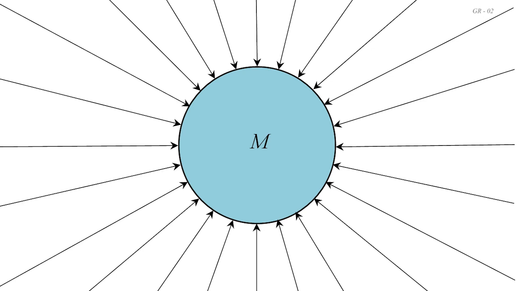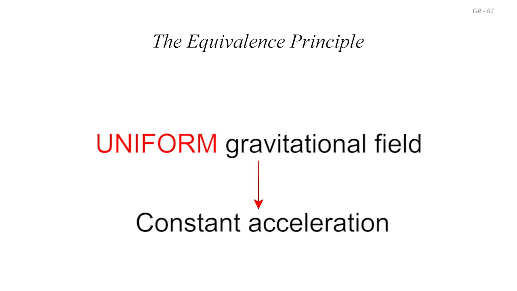If you could find a place where the gravitational field was perfectly uniform over an extended region of a particular frame of reference, which you couldn't by the way, but if you could, then the equivalence principle, as stated earlier on, would be true. In that case, we could take the uniform gravitational field and replace it with a constant acceleration.